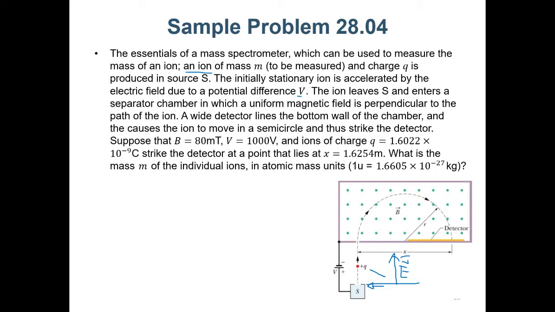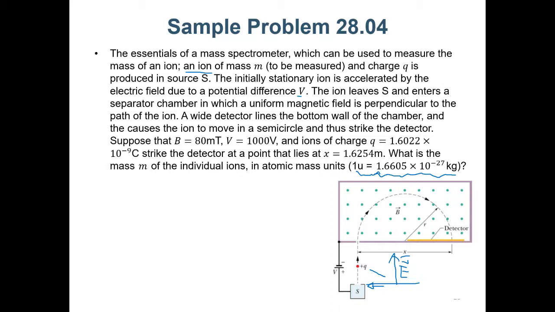The B field in this chamber is 80 millitesla, the voltage is 1000 volts, and the ion has charge 1.6 times 10 to the minus 9 C. It strikes the detector at a point where X is 1.6 something meters. What is the mass of the individual ions in atomic mass units, 1 U? A proton or a neutron has a mass something like this.